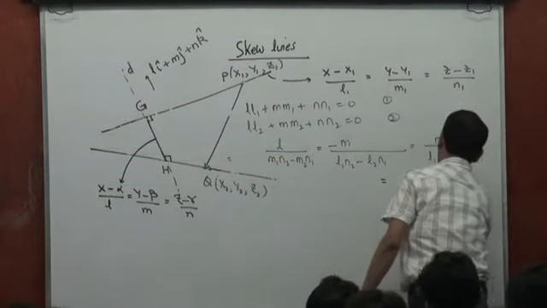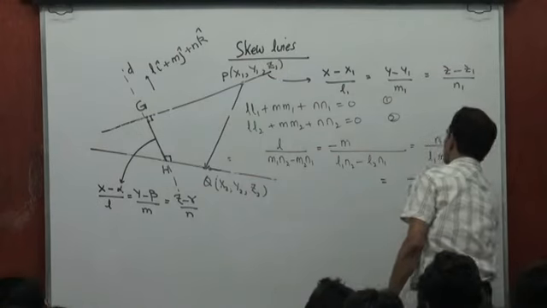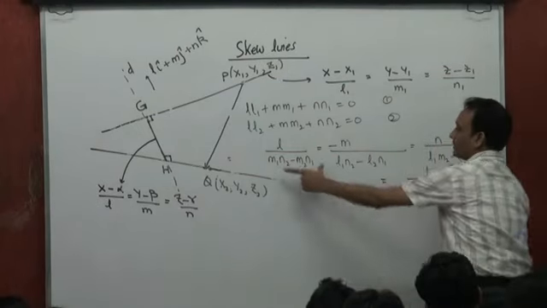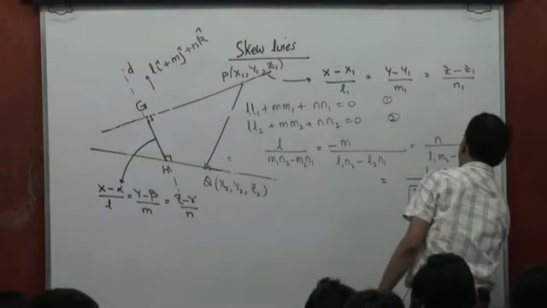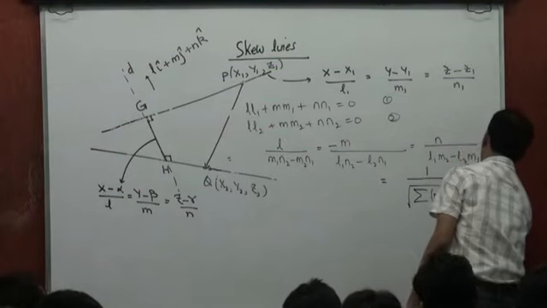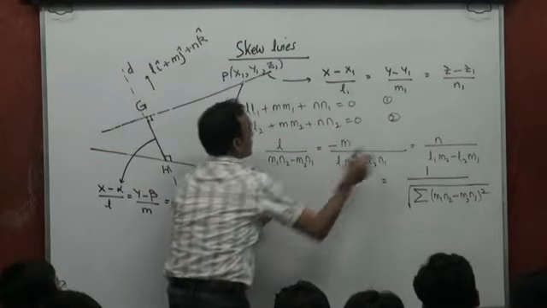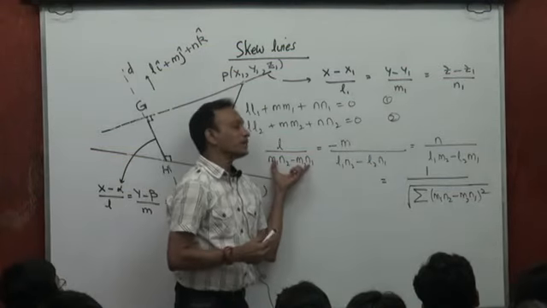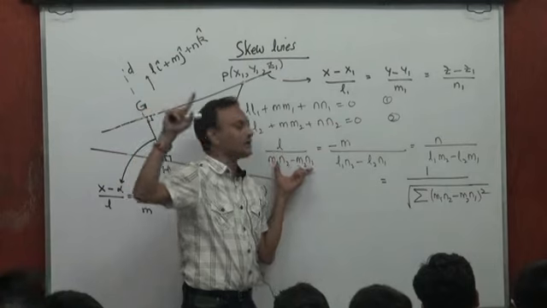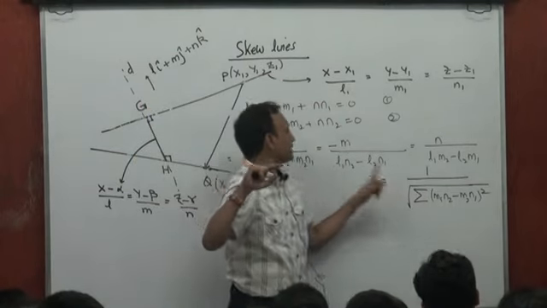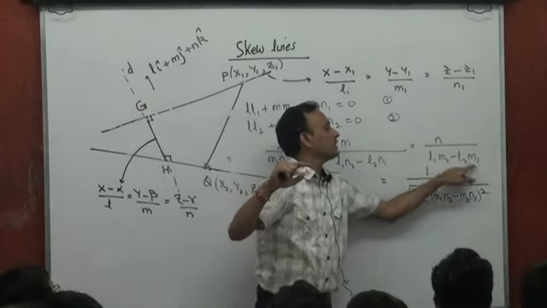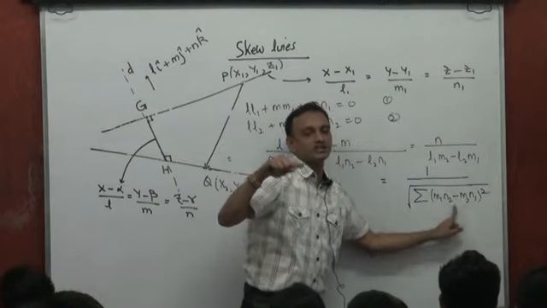So, this is like 1 by root summation of terms of the following kind: m1 n2 minus m2 n1 whole squared kind of a term. Root this square plus this square plus this square means there are 3 pairs out of L, M and N. There is an Mn pair, there is an Ln pair, there is an Lm pair with the subscripts interchanged.